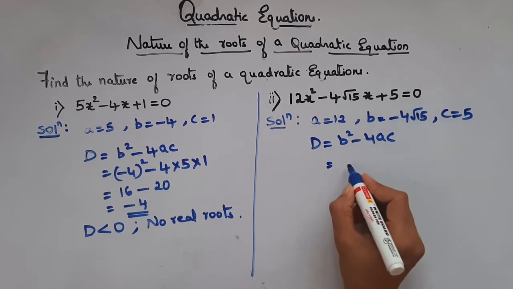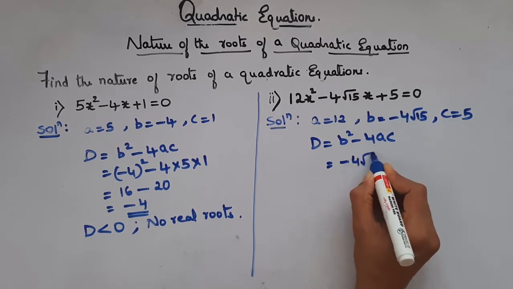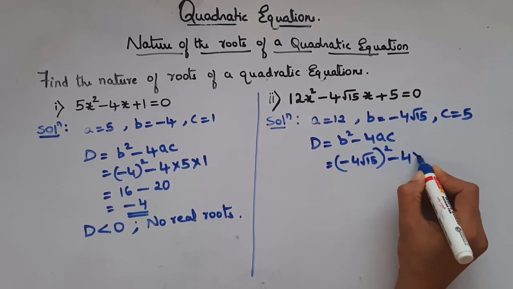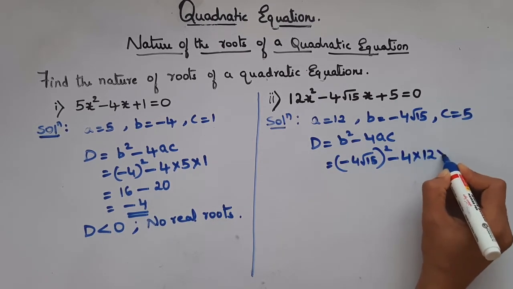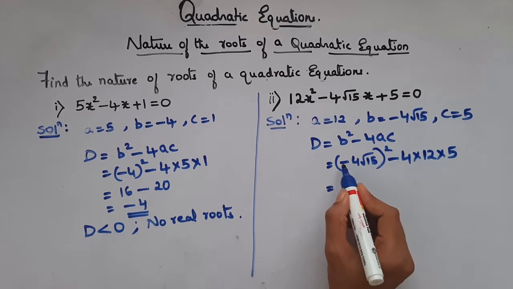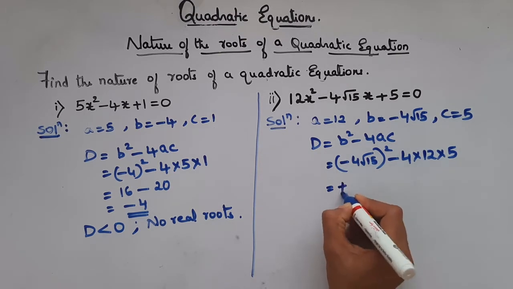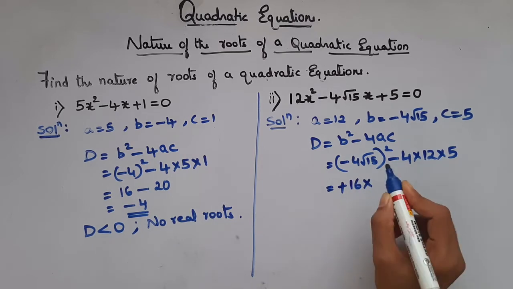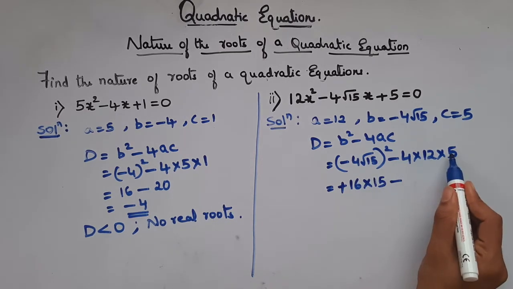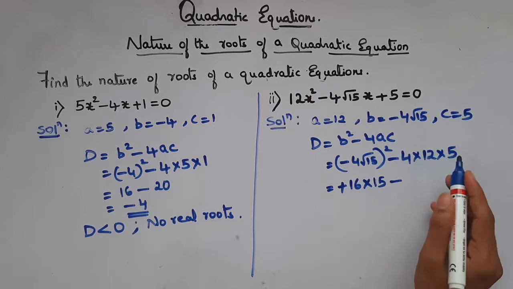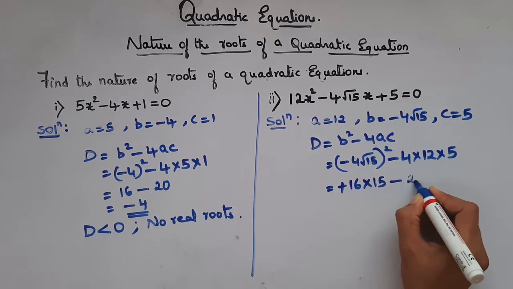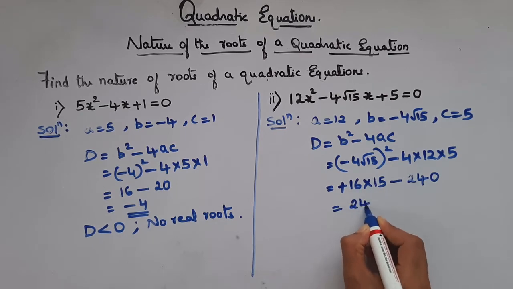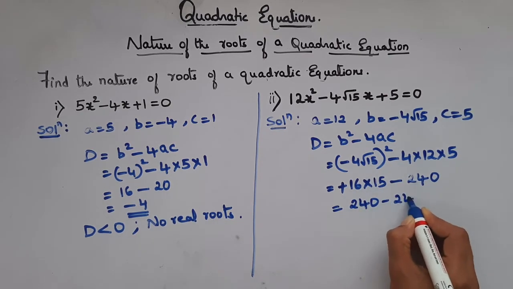So b square, here b is minus 4 into root 15 the whole square, minus 4 into a is 12 into c is 5. Minus square is plus, right? So 4 square is 16, into 15 will give you 240, minus 4 into 5 is 20, 20 into 12 is 240.